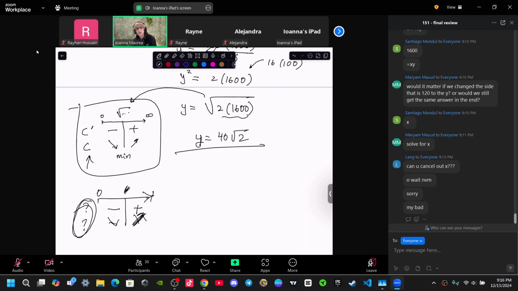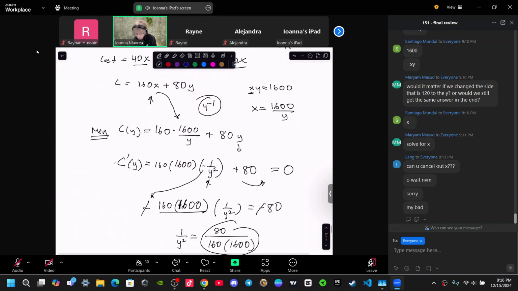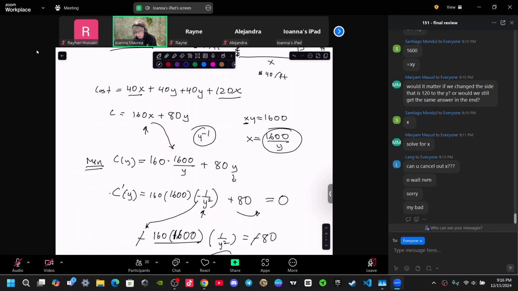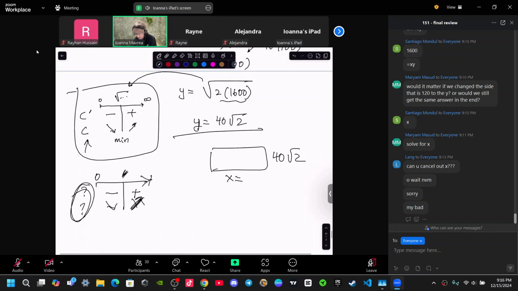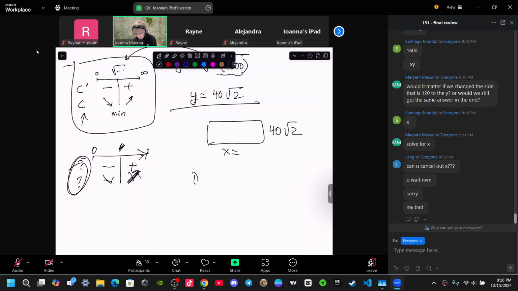And the question would be, what are the dimensions? Since one of them is 40 root 2, the other one was, what was the other one? 1600 over whatever that number is. So the dimensions are 40 root 2 feet by 1600 over 40 root 2 feet.